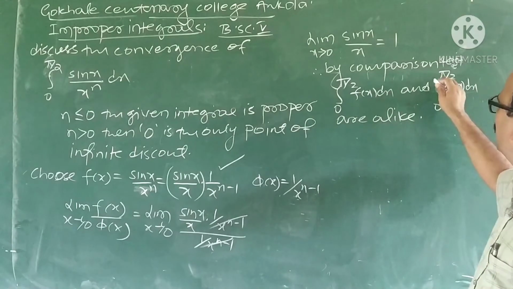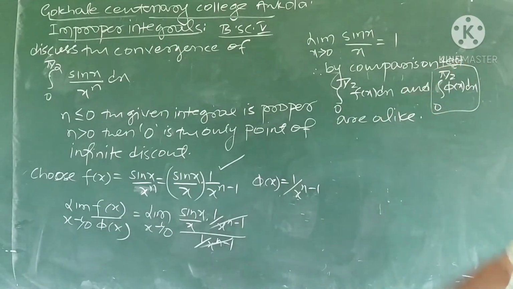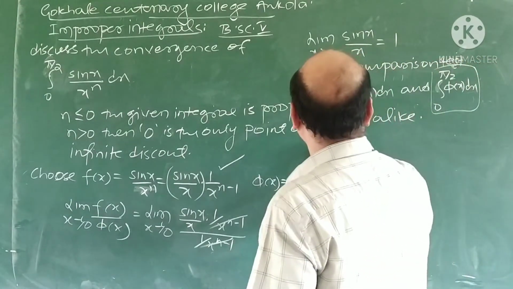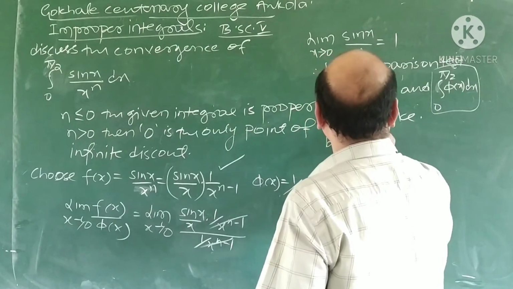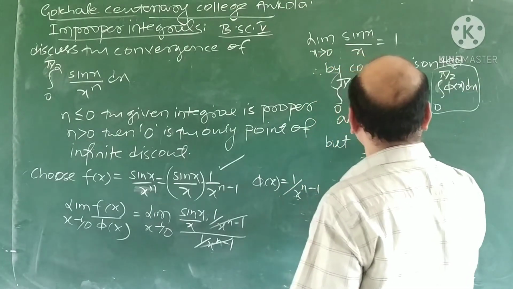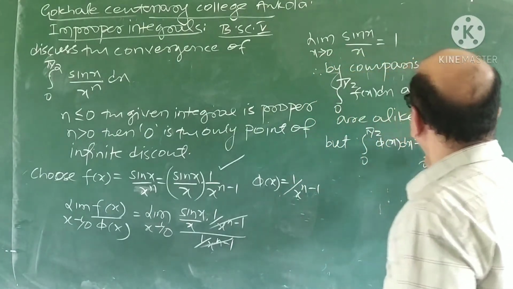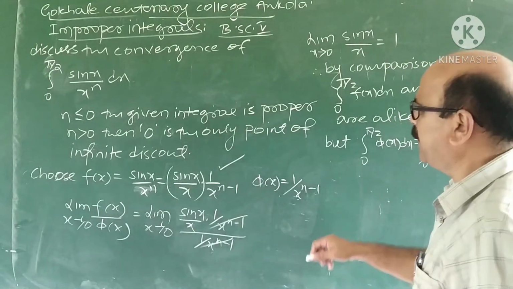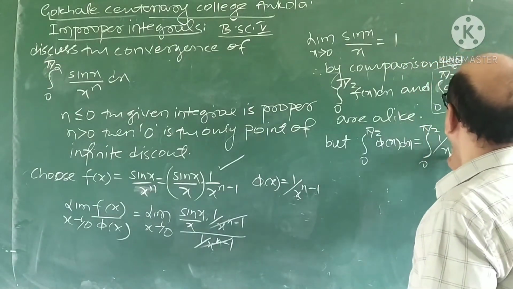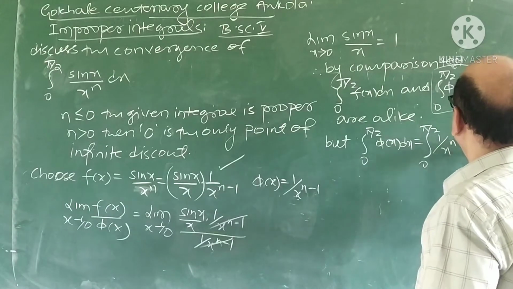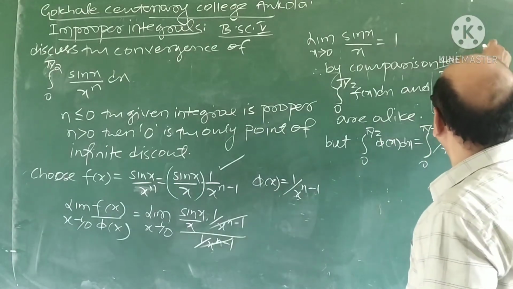Now we know the nature of this integral 0 to pi by 2 phi(x) dx. What is phi(x)? It is 1 upon x raised to n minus 1. Now, when does it converge?